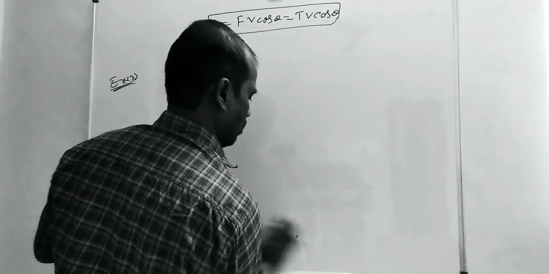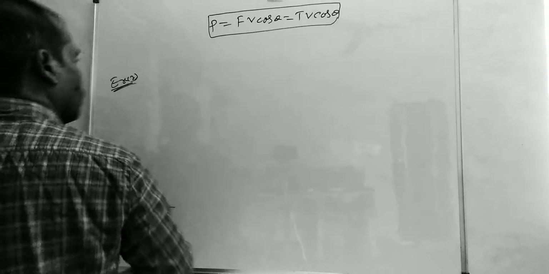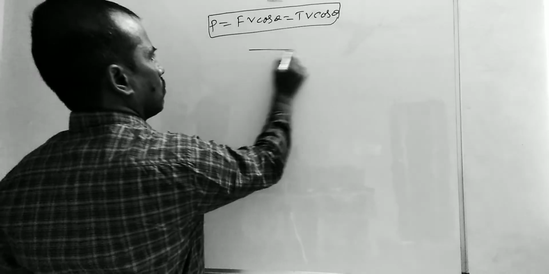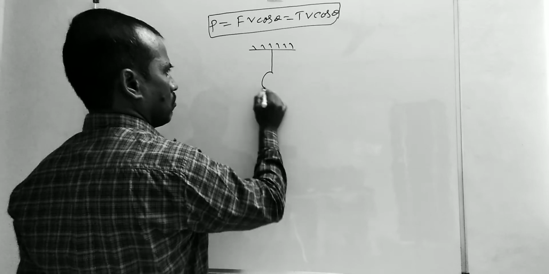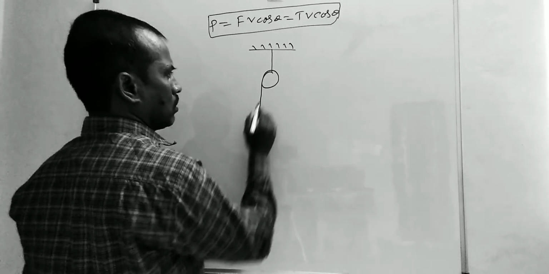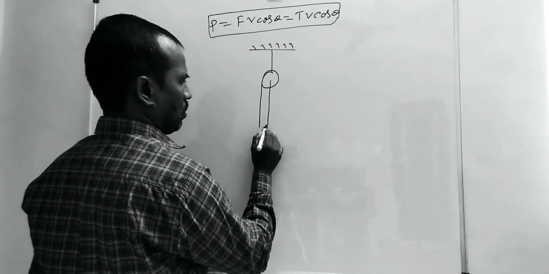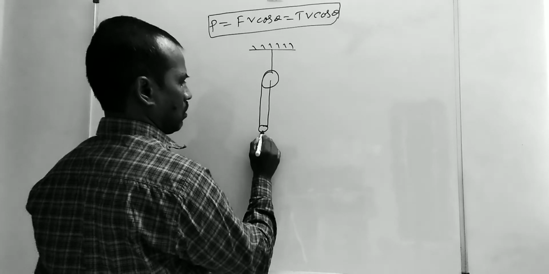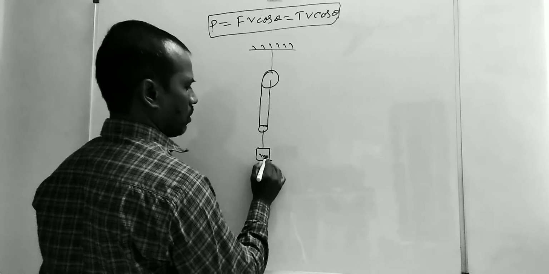Here this one is a rigid support. Here this is a block, this is a string. This one here is a block, for example the M2 block.